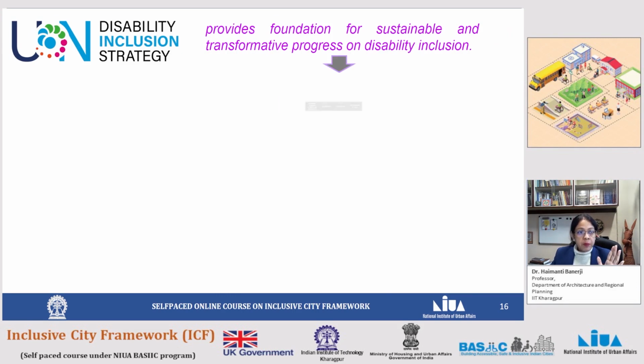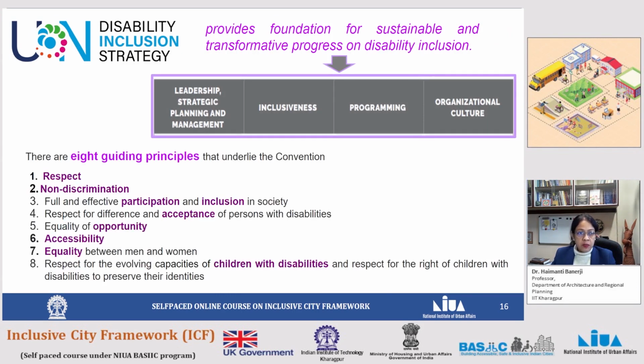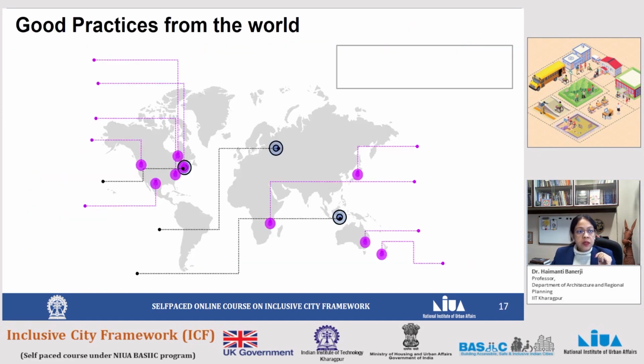The 8 guiding principles of UNDIS, that is United Nations Disability Inclusion Strategy, like respect, non-discrimination, participation, acceptance, opportunity, accessibility, have been elaborated. Next. This module will tell you about some of the really good practices from across the globe.